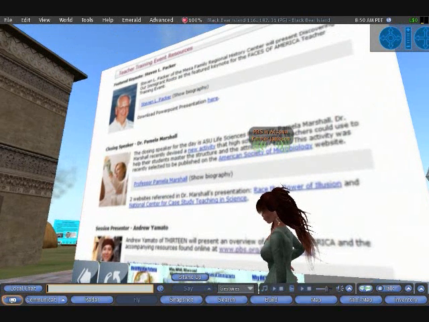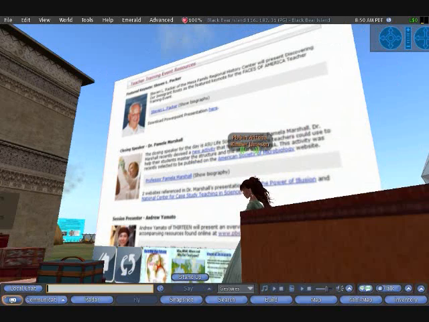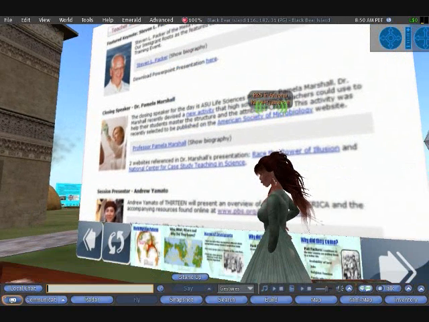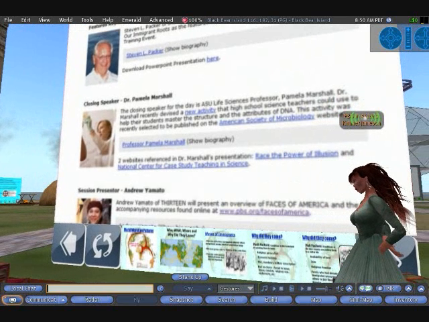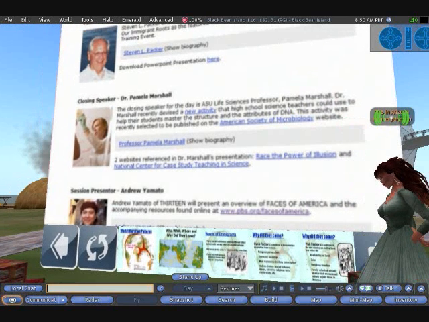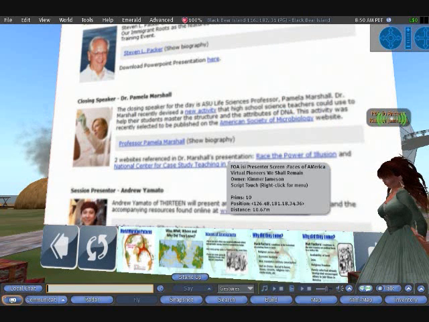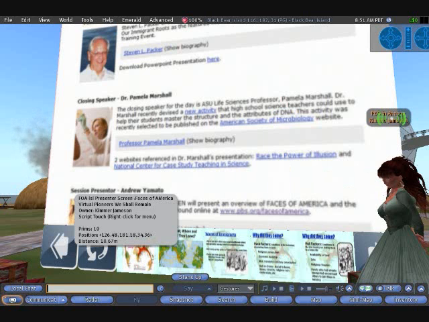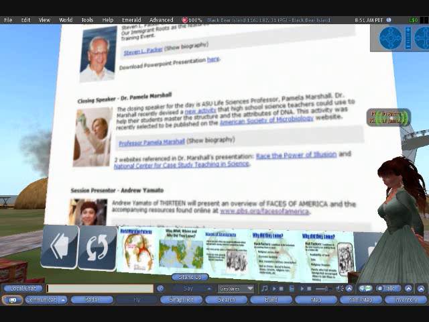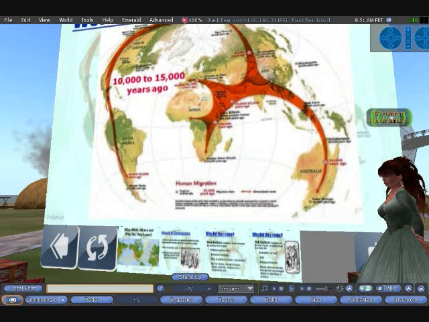She highlighted for us RACE, the Power of Illusion, and also the National Center for Case Study Teaching in Science. And even though Virtual Pioneers primarily focuses on social studies, it is always exciting to see cross-curricular connections, and particularly with older students, her case studies were very valuable. So I encourage you to find those on our website.